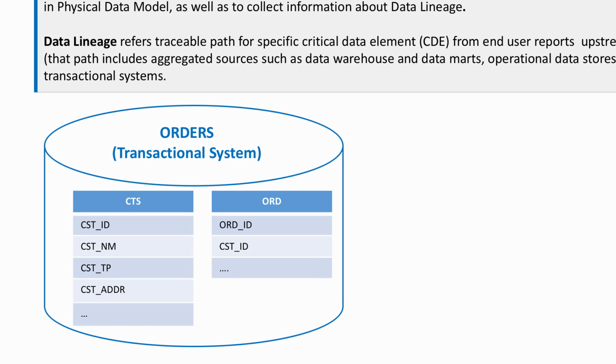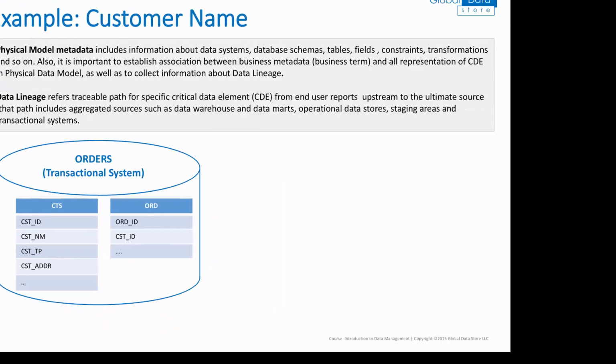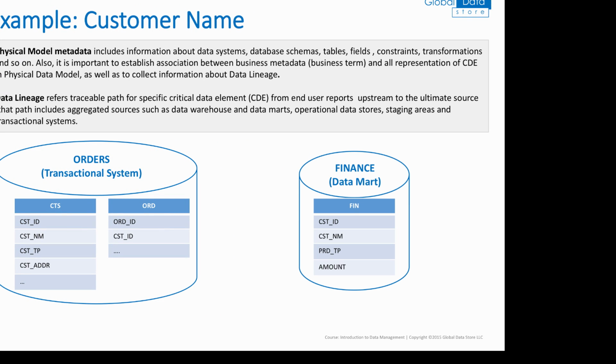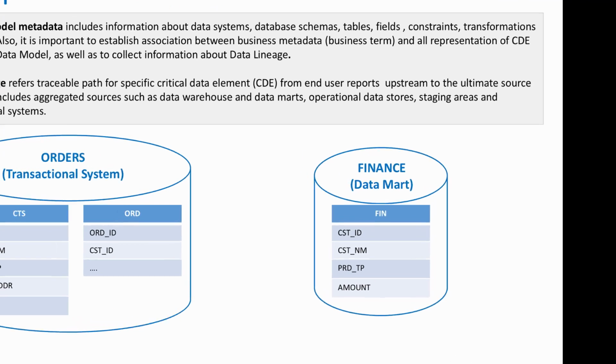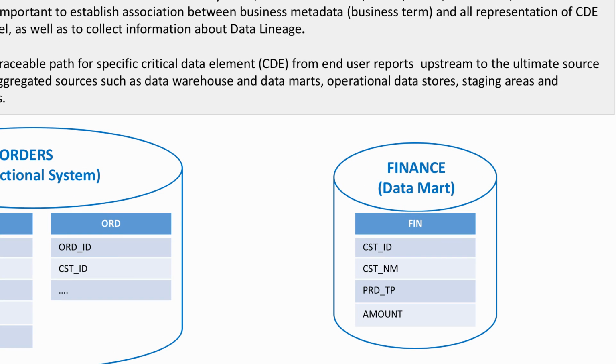Let's look at the example. Let's say we have an orders transactional system with two tables, CST representing the customer data and ORD representing the orders data. In addition, we have a finance data mart, which contains aggregated information from the order system.